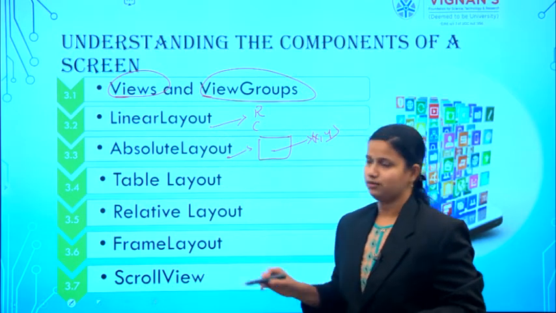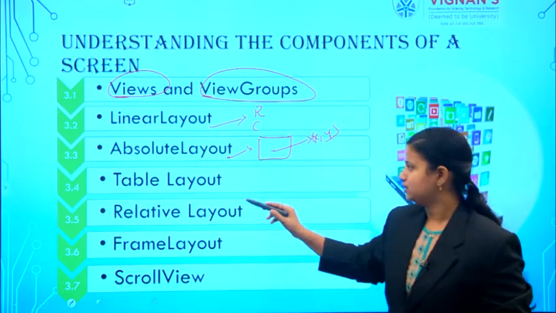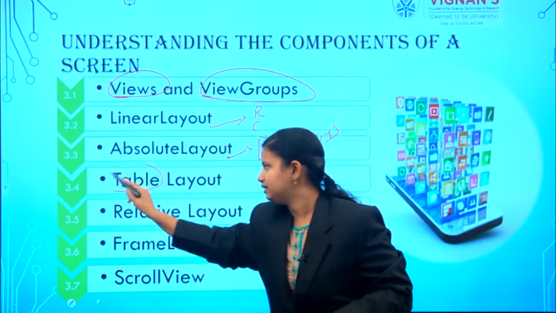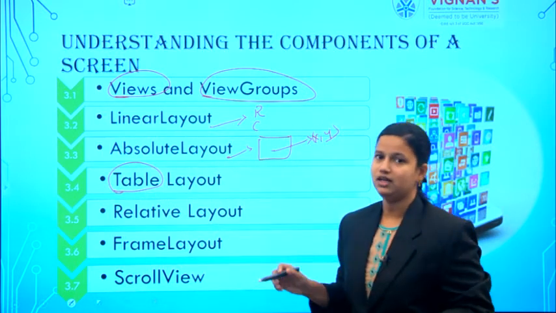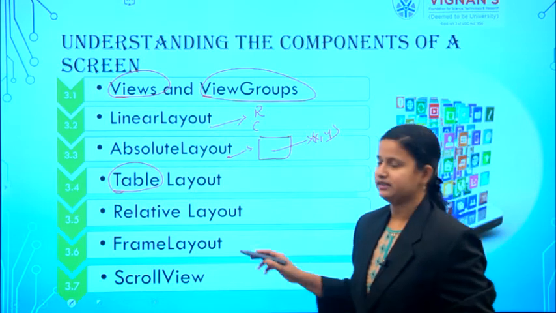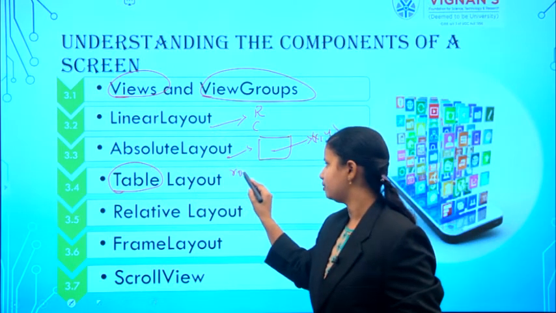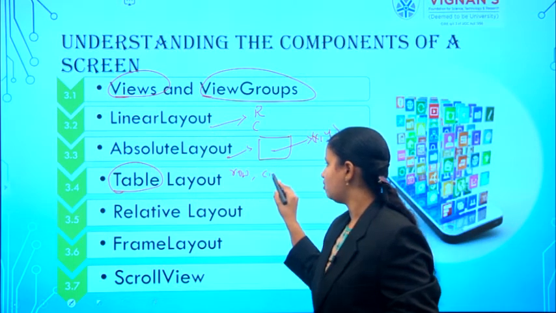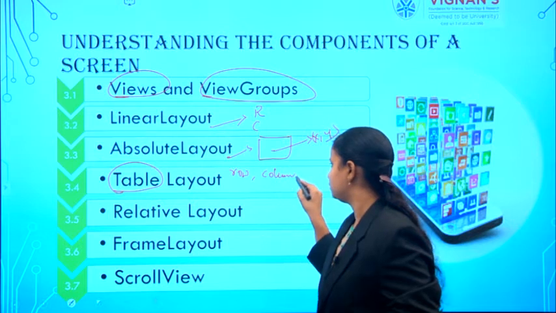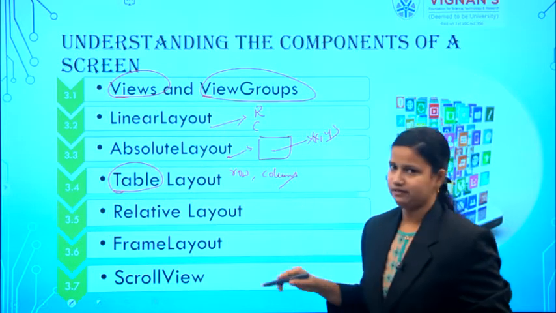And the table layout. When you see a table, that means the elements are to be represented in a row and column format. The width of the row or the width of the column will be given.